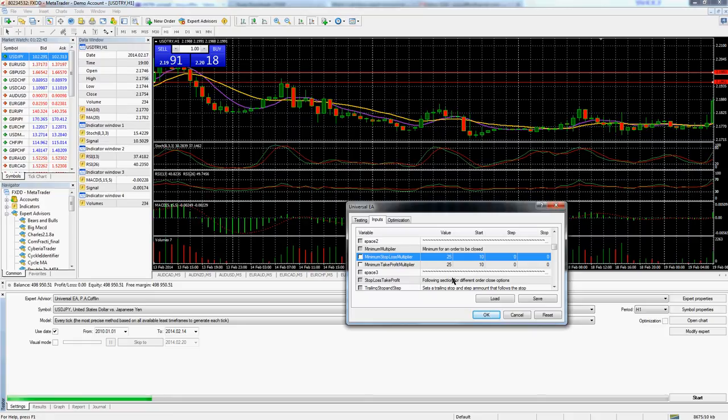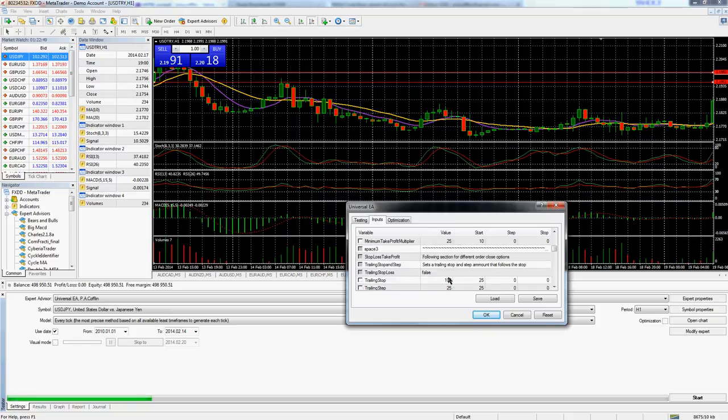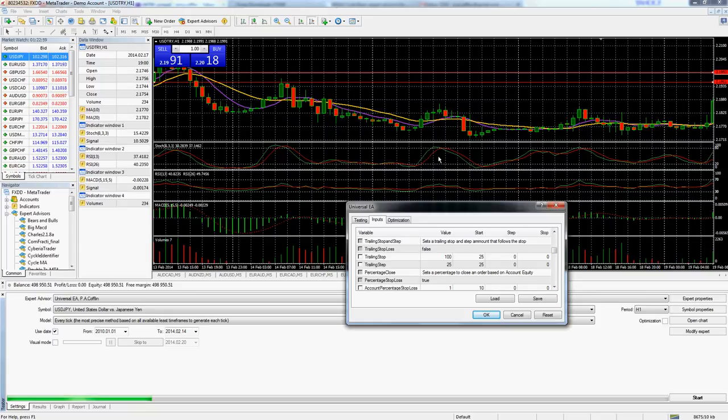So you would lose 2 pips every time this occurs, and that will start to add up if there's a conflict between your buy and your stop positions. Your trailing stop is just a stop loss that follows the market or the open order. You can set the step, which is the amount of pips that has to travel before it starts following the order.